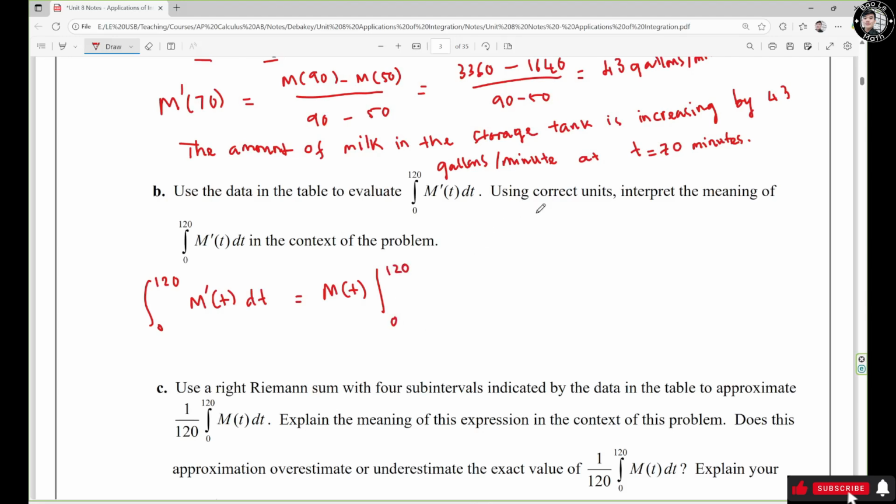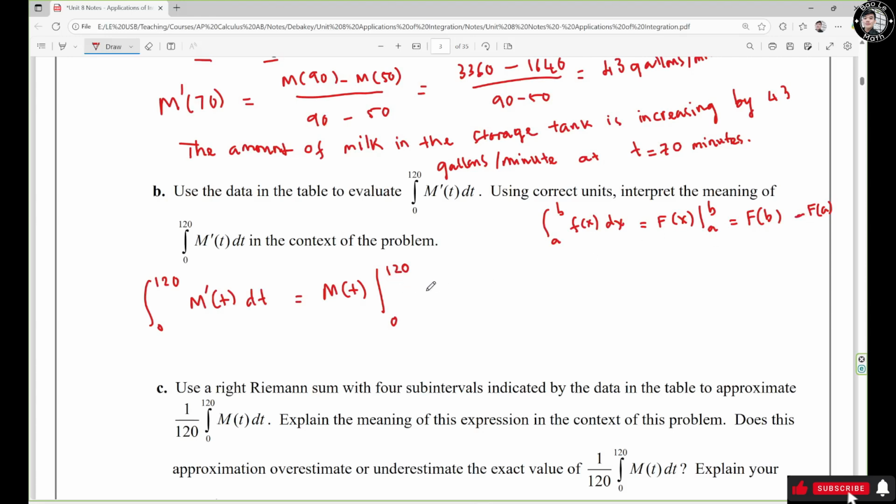Remember, we have the integral from a to b of f prime of s ds equals f of s evaluated from a to b, so it's going to be f of b minus f of a. So keep that in mind.